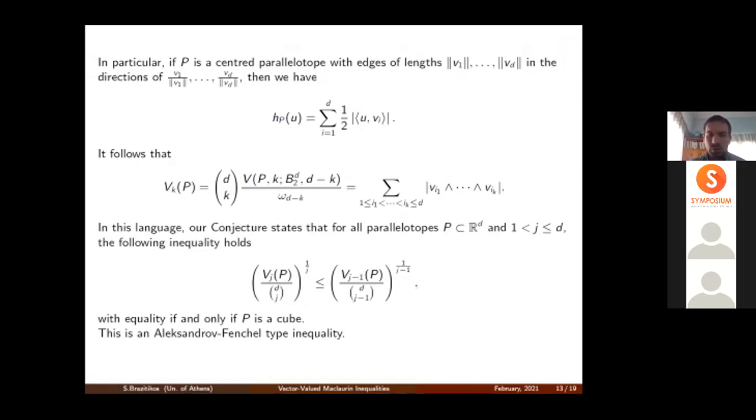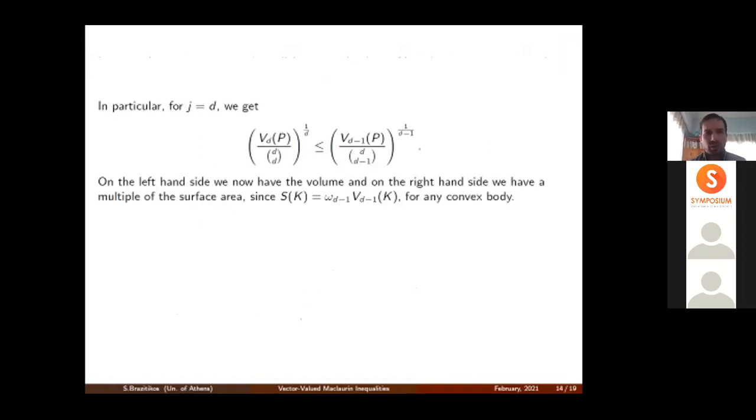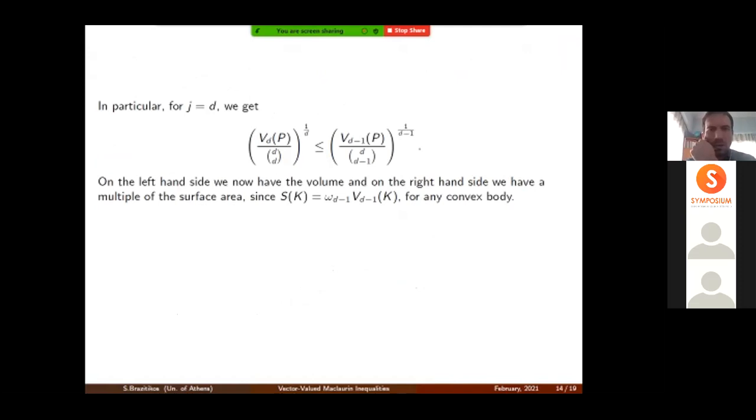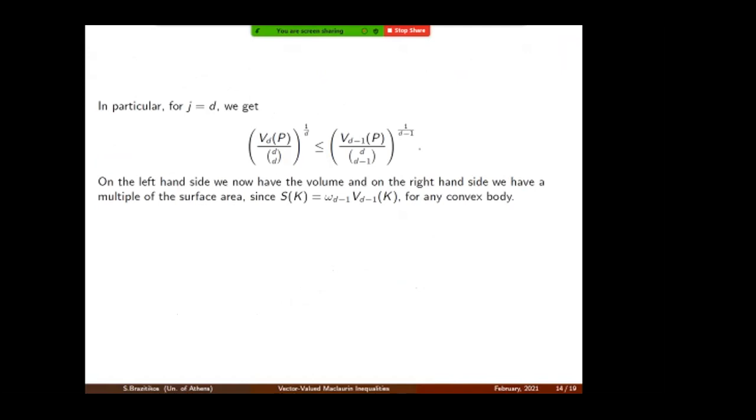We are always in the case p equals 1. So let's see what happens in some particular cases. For example, when j equals d, we can rewrite the previous inequality like this, and V_d is exactly the volume of P. This is 1, of course, and V_{d-1} is a multiple of the surface area, as we can see here.